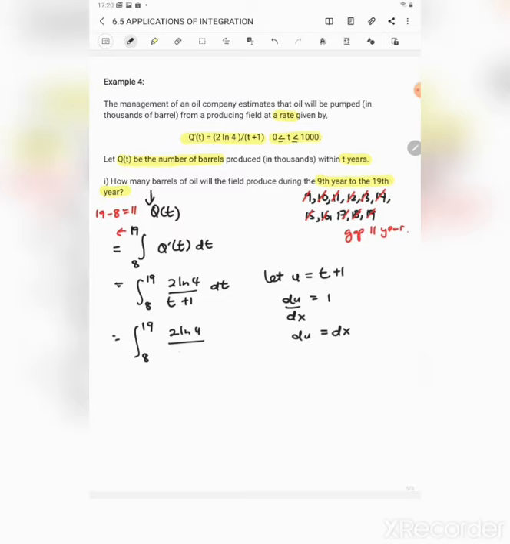We put in the new integral form, 2 ln 4 divided by u du, right? So 2 ln 4 is the constant.